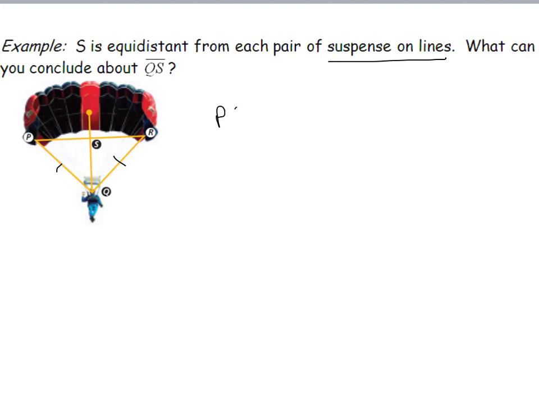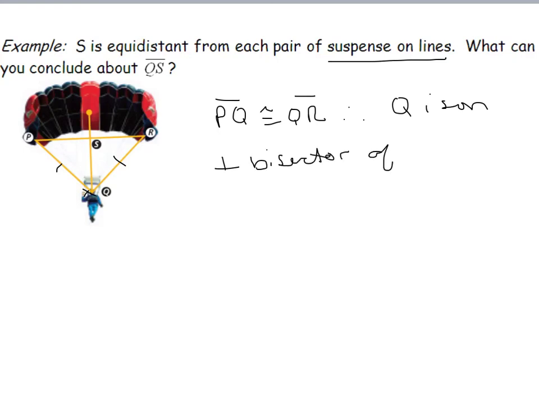So, PQ has to be congruent to QR. Okay, therefore, remember those three dots mean therefore. Therefore, Q, what do we know about Q? Q has to be on the perpendicular bisector of PR. And this is because of the converse of the perpendicular bisector theorem.